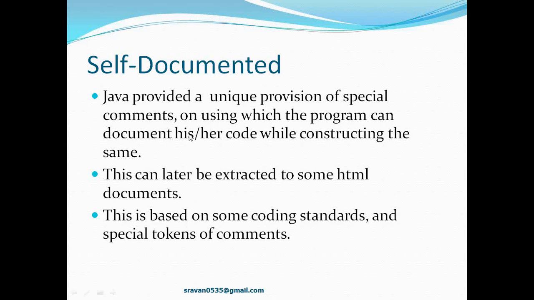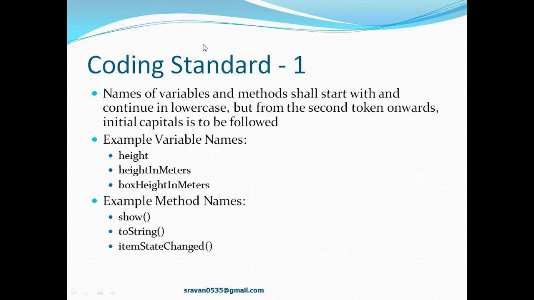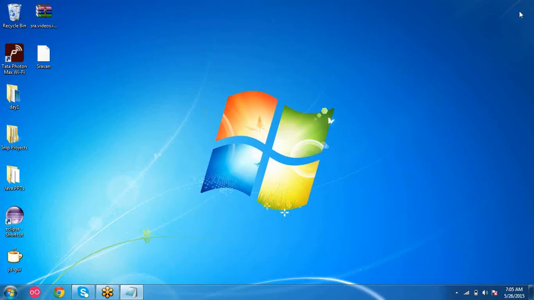Okay, so next one, coding standards. But before going to the coding standards, I have a few questions. Is Jay Prakash a Hindu or Muslim name? Hindu. Okay, what about Shravan Kumar?